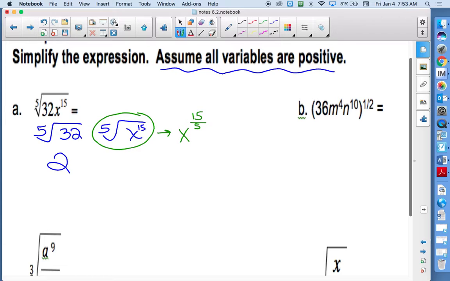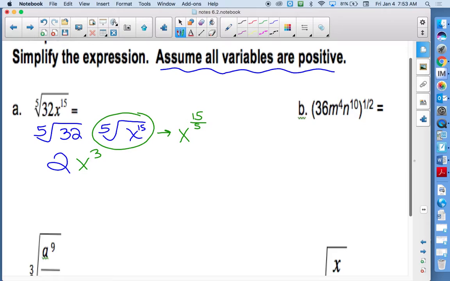Technically we could write it as a fractional exponent, which means we would divide. So Connor, 15 divided by 5 is just 3. So that becomes 2x cubed. So with radicals, you are really dividing because we could write it as a division problem. That's what a fraction is. A fraction is another way to write division.